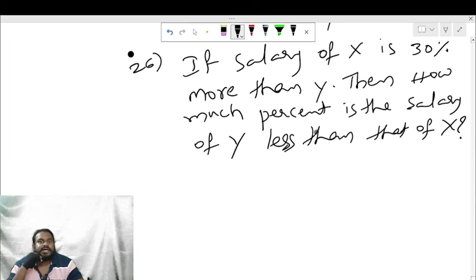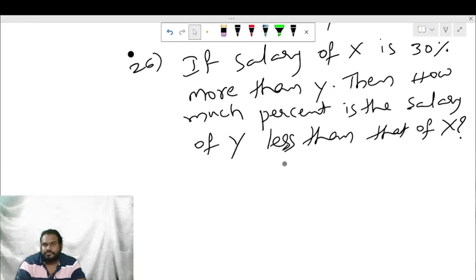The next question: if the salary of X is 30% more than Y, then how much percentage is the salary of Y less than that of X? Okay. See, the salary of X is 30% more than that of Y. So take X salary as 130 and Y salary as 100.